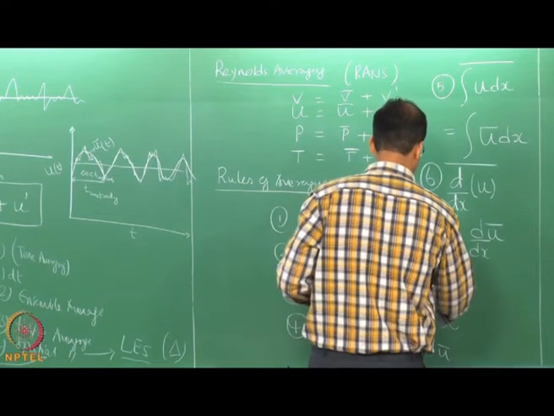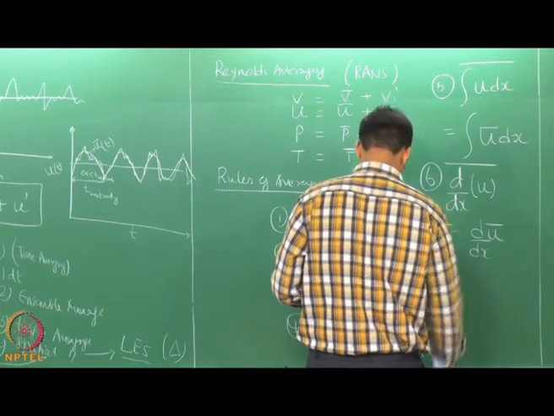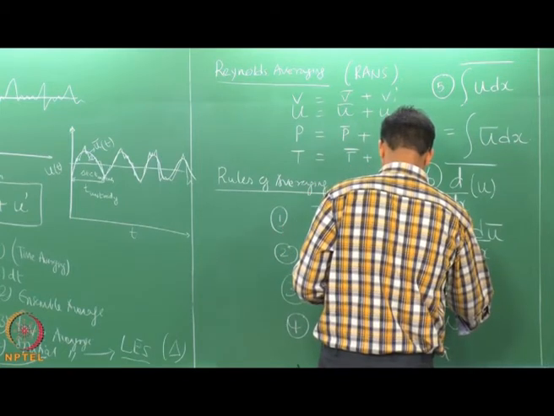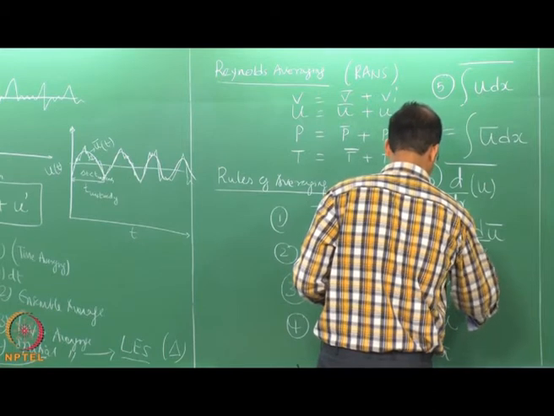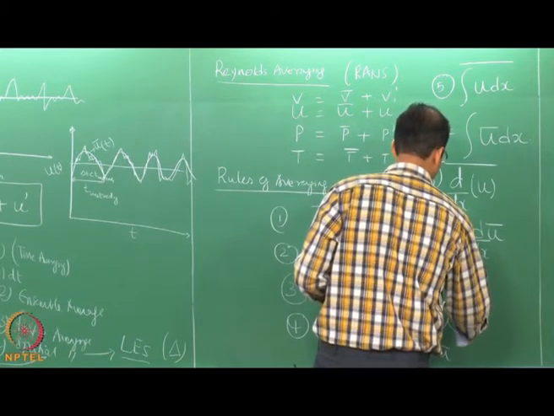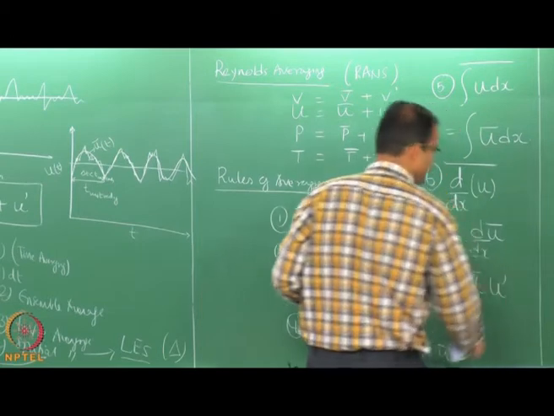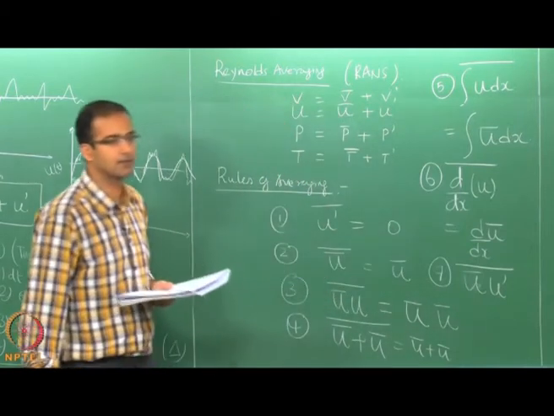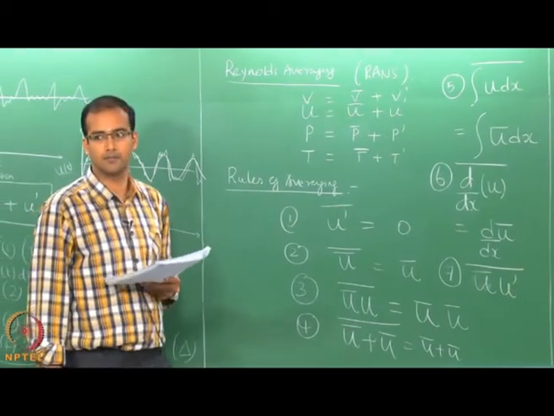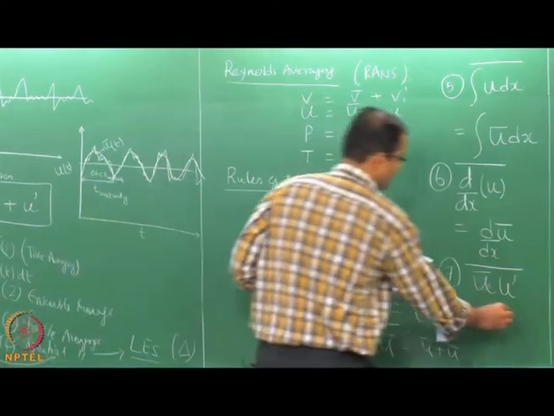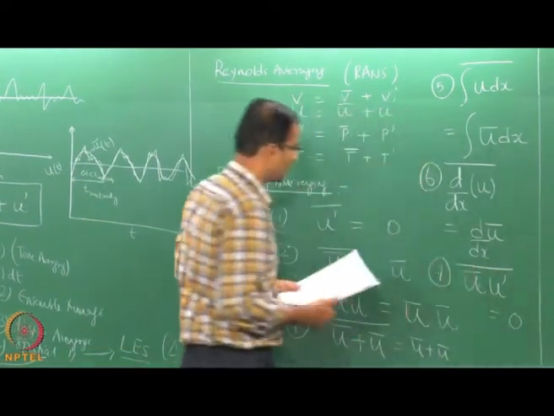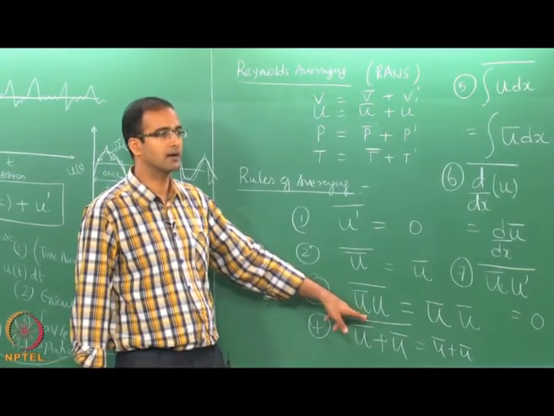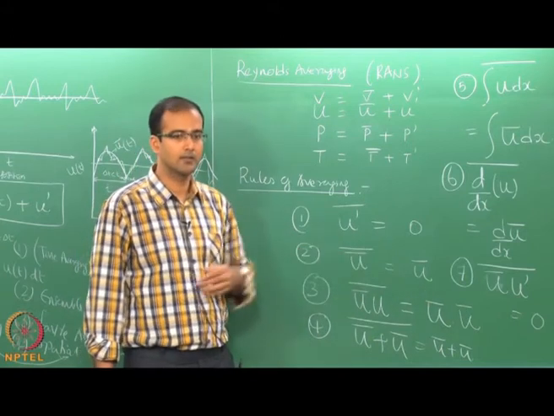Now, the other rule is an important rule. It says that if I take a product of the mean and the fluctuating component and apply the averaging of this, what do you think will happen? 0, because according to the product rule this can be split as u bar into u prime bar, and since u prime bar is 0, this should be 0.